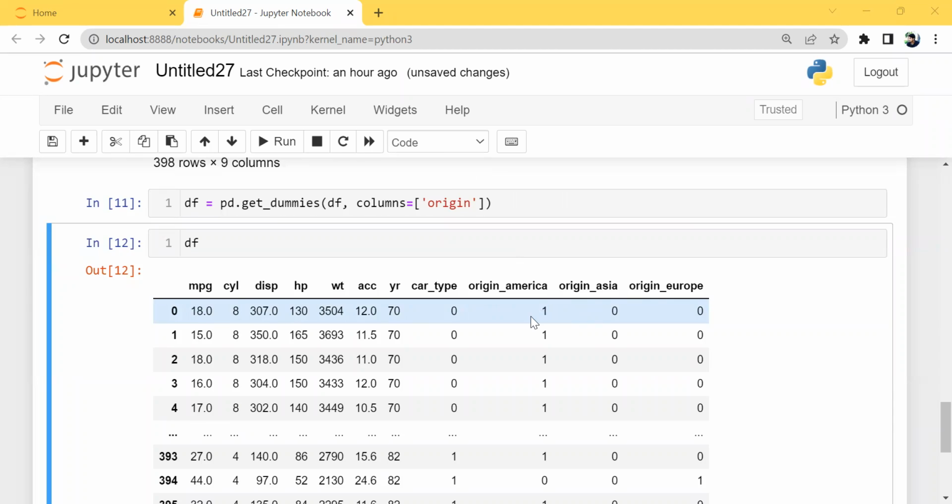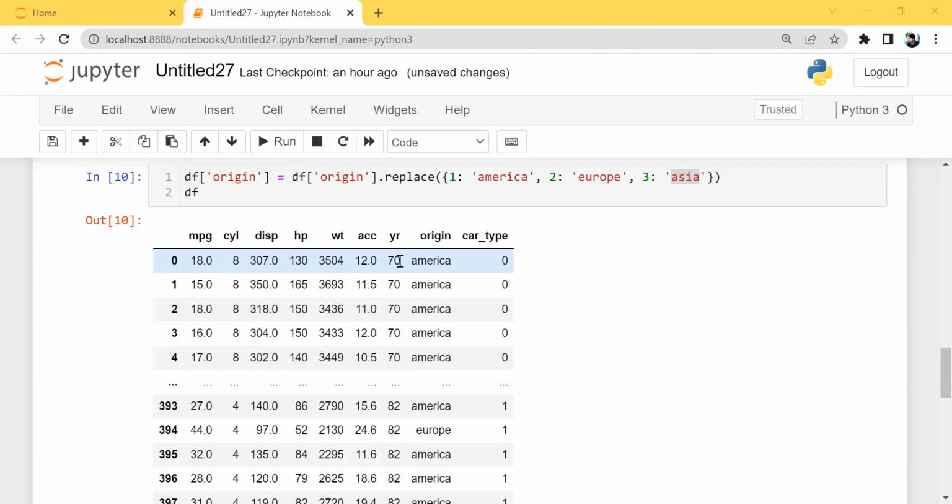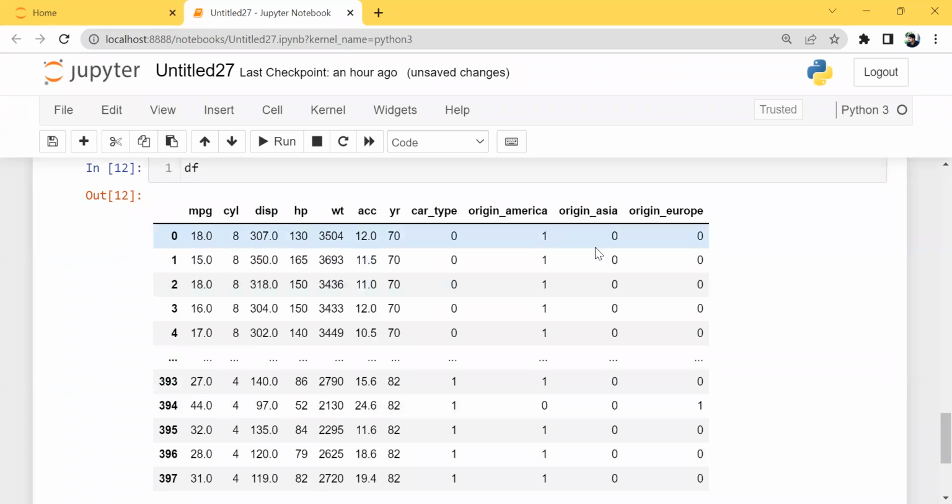Why does it have 1? Because for index 0 the value America is present, right? But for index 0 we don't have Europe or Asia. So that's the reason we have the value 0 for Asia and 0 for Europe in index 0, right?